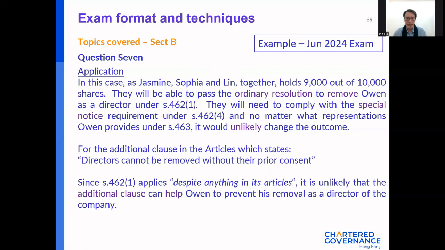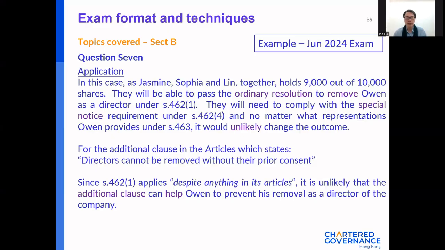So, applying that to our story. In this case, as Jasmine, Sophia, and Lynn together hold 9,000 out of 10,000 shares, they will be able to pass an ordinary resolution to remove Owen as a director under section 462. Clearly, the threshold would not be a problem since they own most of the shares, 90%. To get more than 50%, I think that'll be easy.